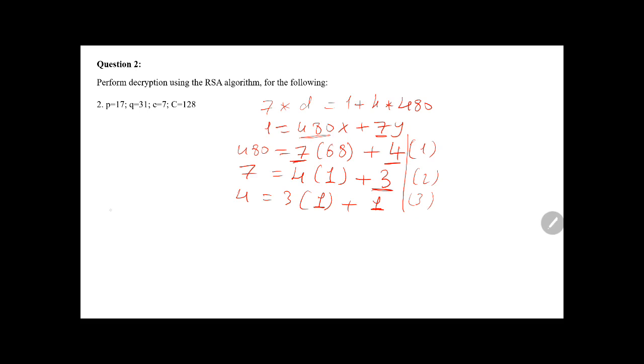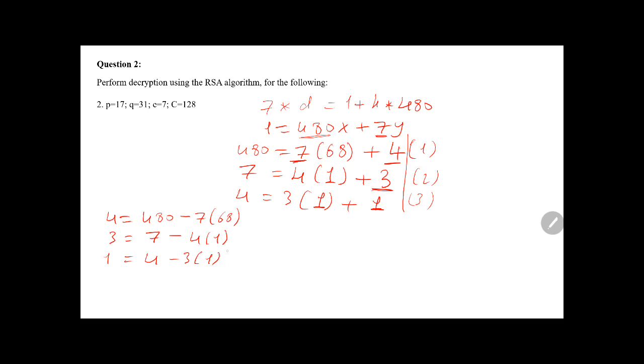So it is 4 equal to 480 minus 7 multiplied by 68, and 3 equals to 7 minus 4 multiplied by 1, and the last one is 1 equals to 4 minus 3 multiplied by 1.